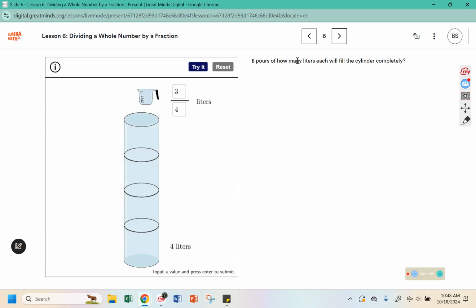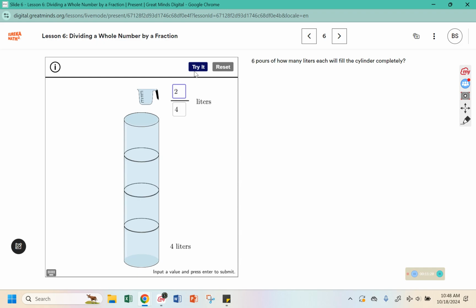So in here, on slide 6, it says 6 pours of how many liters each will fill the cylinder completely. So we need to change this fraction, or the size of the pour, so that we can get exactly 6 pours. So we had that 6 pours was too much. So if 3/4 is too much, we need to reduce this fraction.